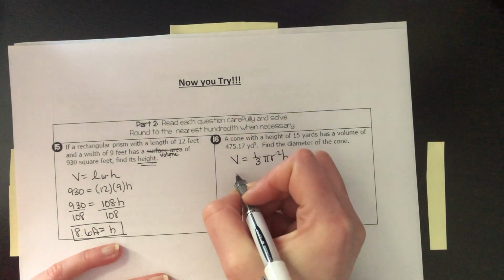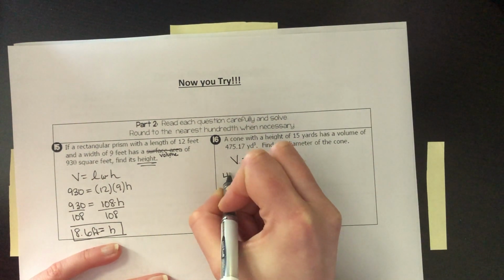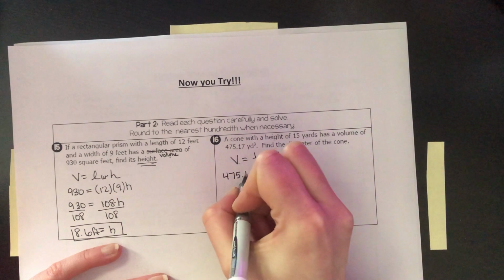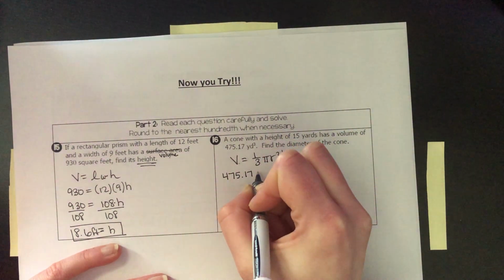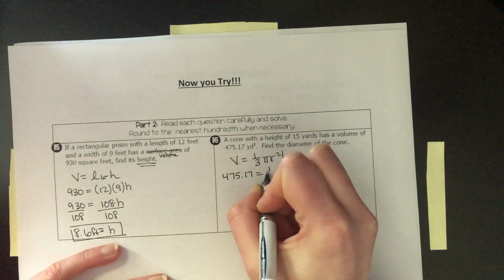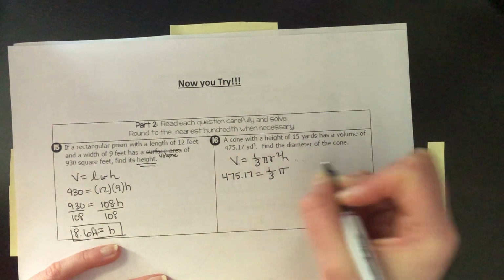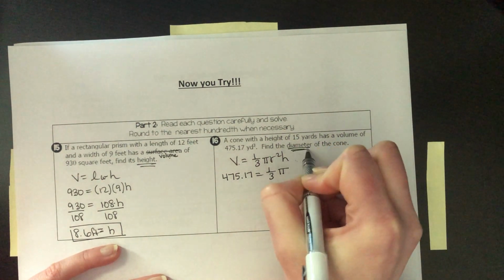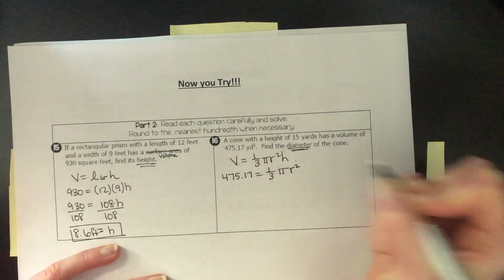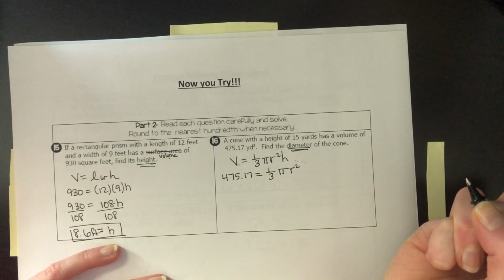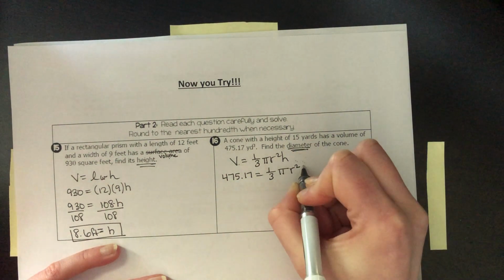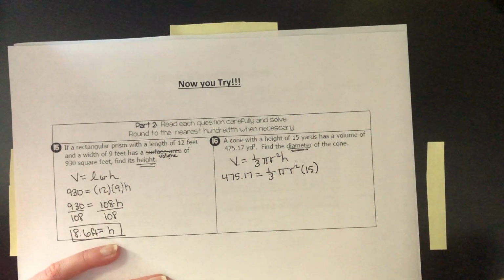Okay, so I'm going to substitute. Volume, I'm told, is 475.17 equals 1/3 pi. We're finding diameter, so we've got to find the radius first to then find the diameter. And the height is 15, so in place of h, 15.